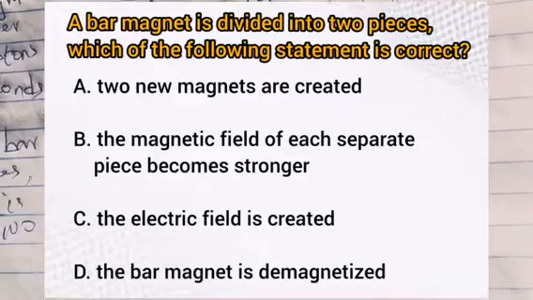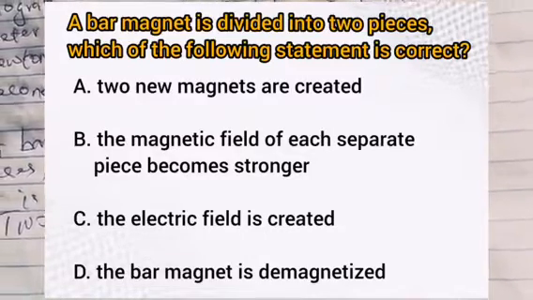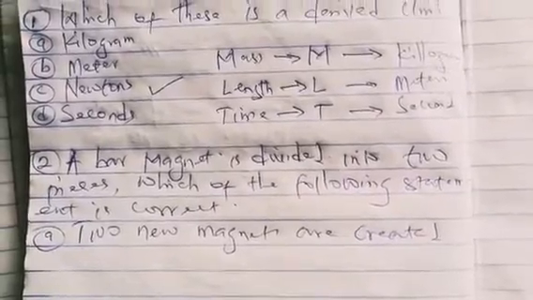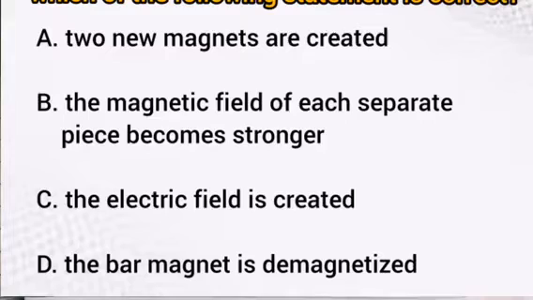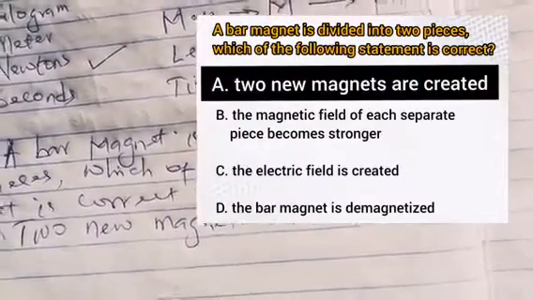Question 2 says a bar magnet is divided into two pieces. Which of the following statements is correct? I'm going to pause the video here and display the options again for you to get down. When I unpause, I'll go straight to the answer. The correct option is two new magnets are created.